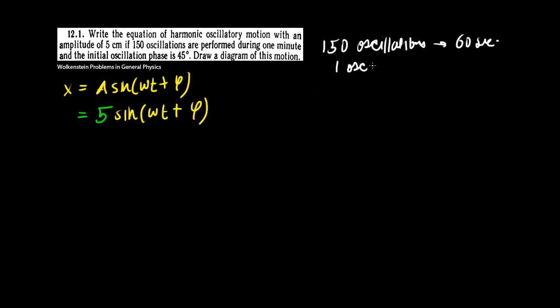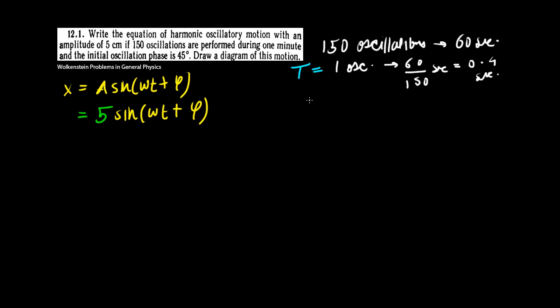Therefore, one oscillation will take 60 by 150 seconds, right? Which is 2 by 5, which is 0.4 seconds. So time taken for one oscillation is nothing but the time period, right? The time period is 0.4 seconds.